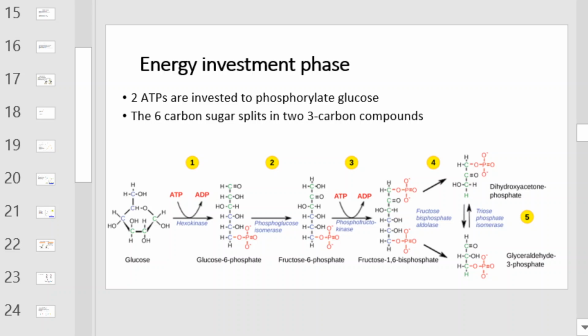Glucose 6-phosphate is isomerized to fructose 6-phosphate, and an additional ATP is dephosphorylated, resulting in the formation of fructose 1,6-bisphosphate, which is easily divided into two. In the fifth and final step, we have 2 glyceraldehyde 3-phosphates that are formed.